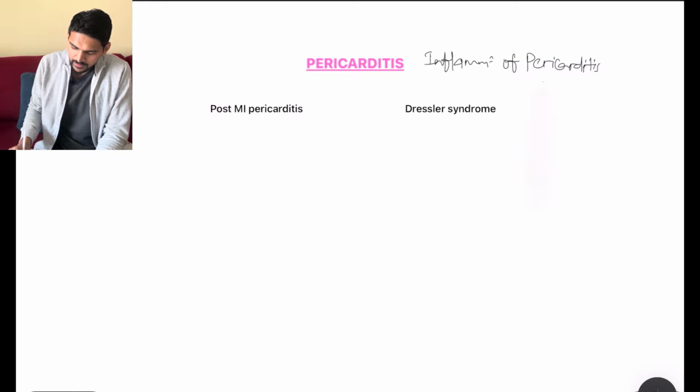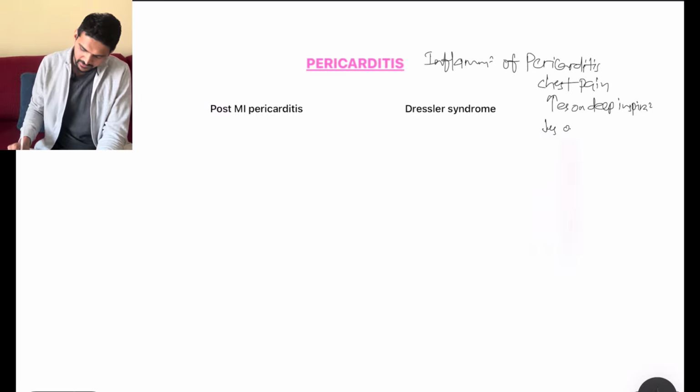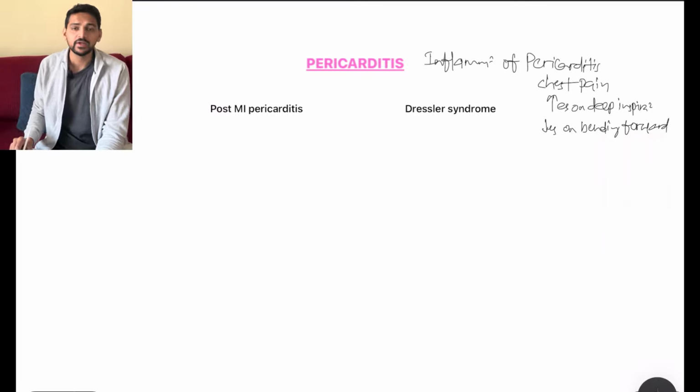For example, chest pain which increases on deep inspiration, and gets relieved on sitting and bending forward, and it usually radiates to the scapula and trapezius. So this is the usual description of pericarditis-related chest pain.